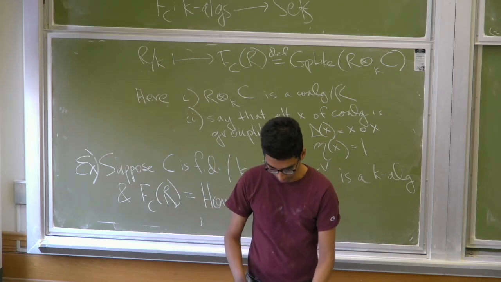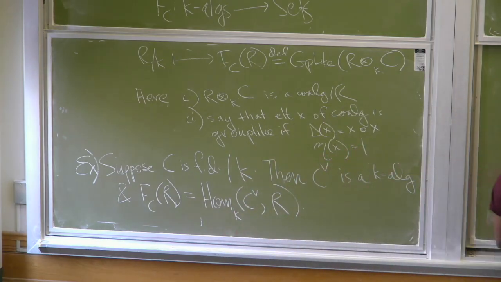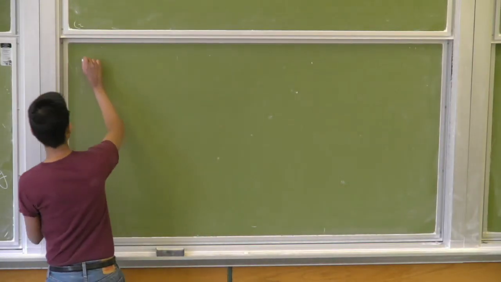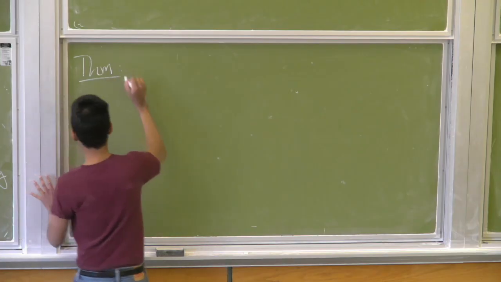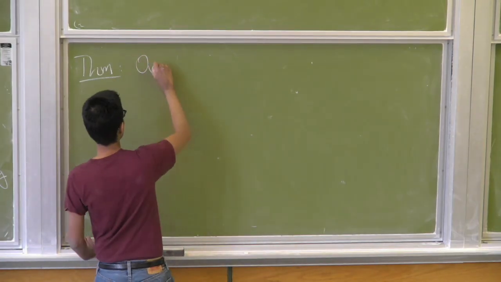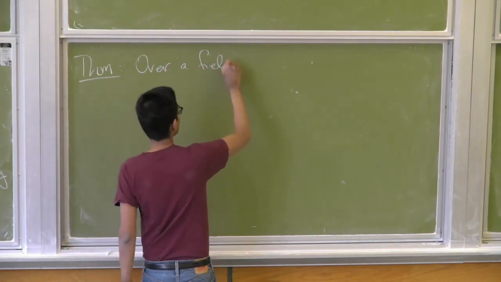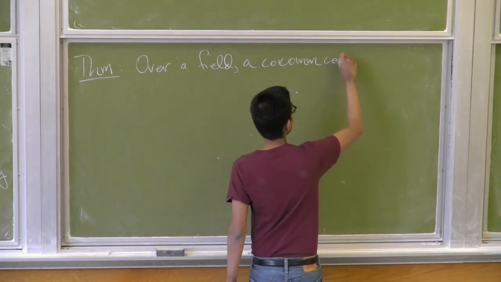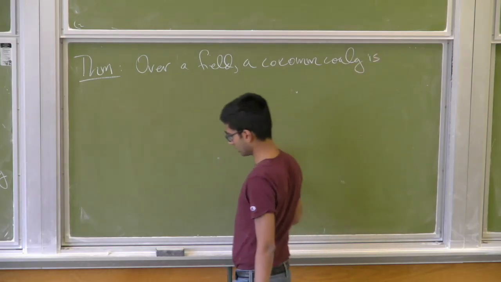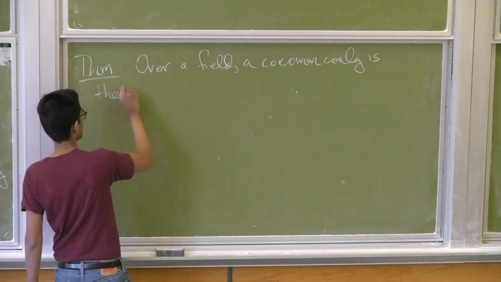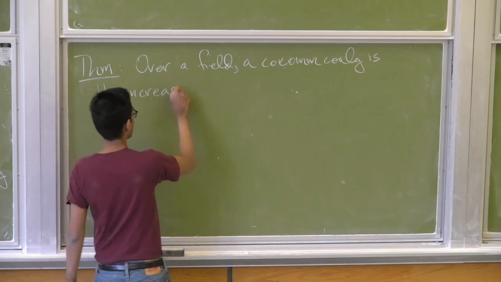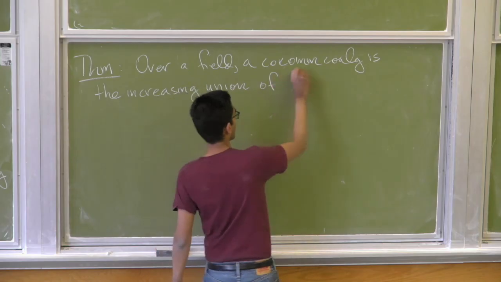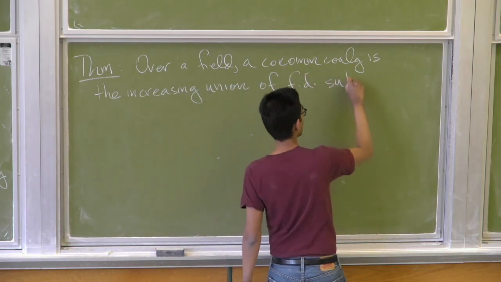So if you have a finite dimensional algebra, then this is basically spec of a finite dimensional algebra. Okay, so that's the example. But if C is not finite dimensional, there's the following theorem. Over a field, a co-commutative coalgebra is the increasing union of finite dimensional subcoalgebras.